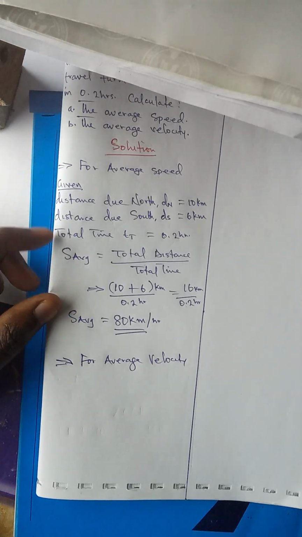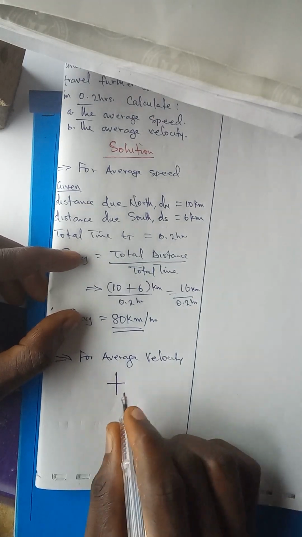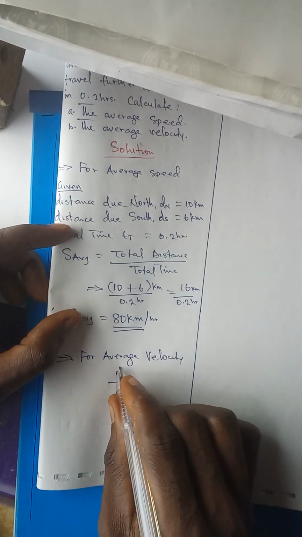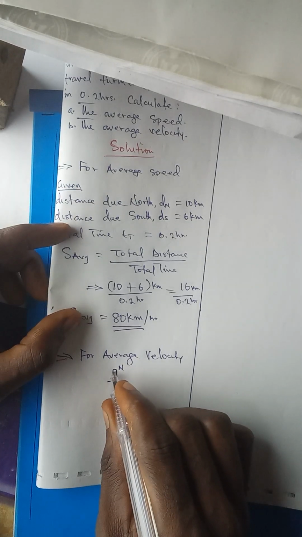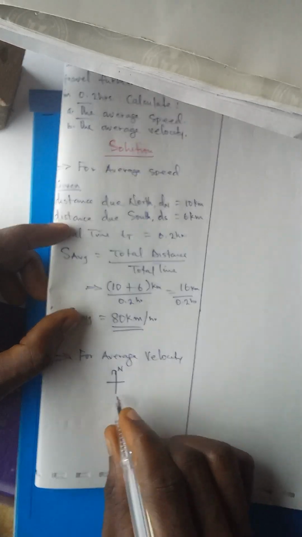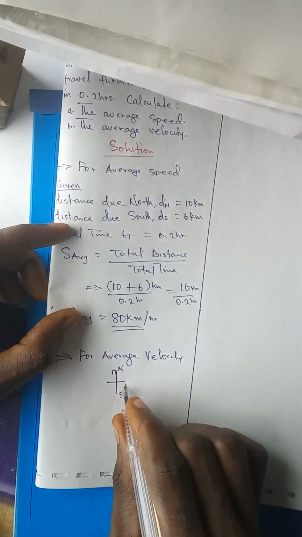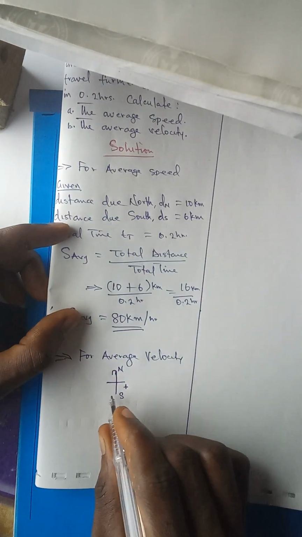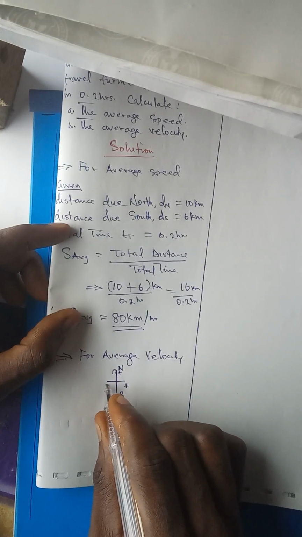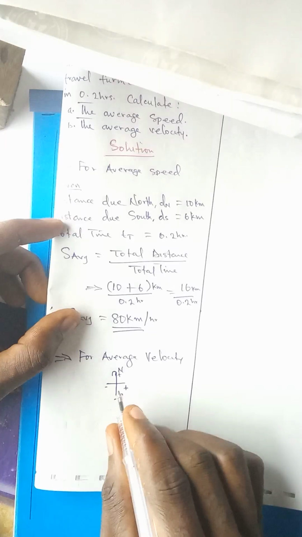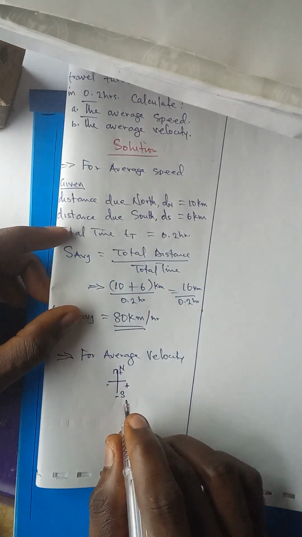Using the Cartesian graph, let me explain. The car was moving northward, upward, and then it makes a U-turn, coming downward towards the South. In the Cartesian graph, this axis is positive and this axis is negative. Going upward is positive, and coming downward is now negative.